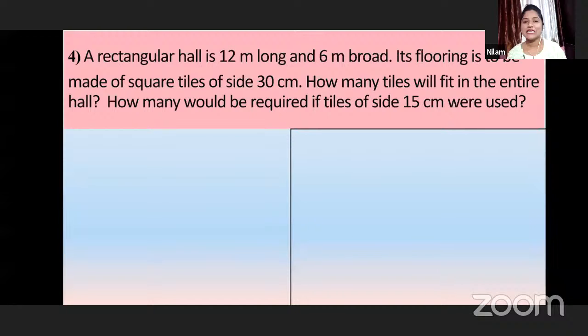So first we have to find out the area of the hall in which we have to do the flooring.